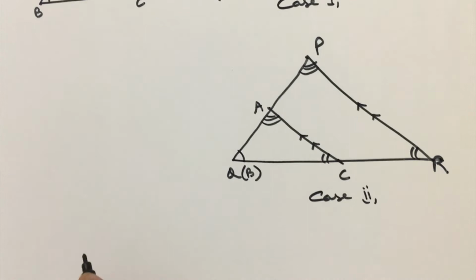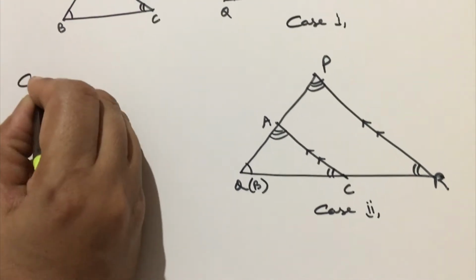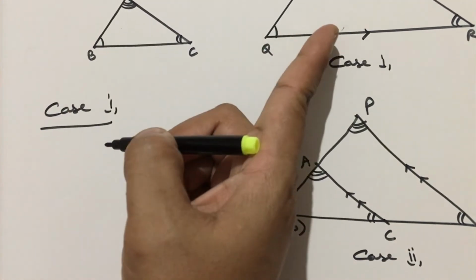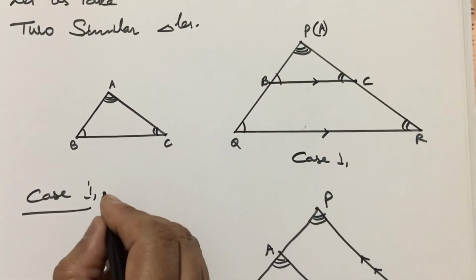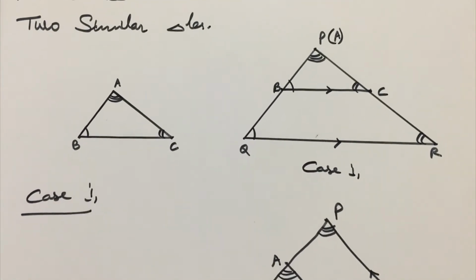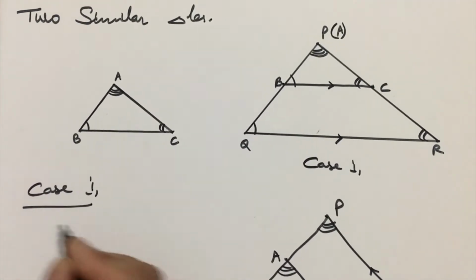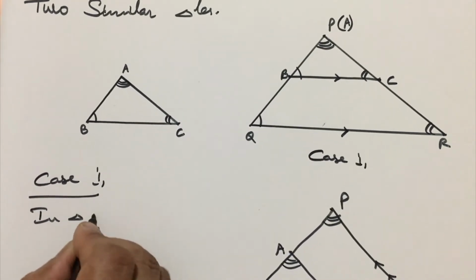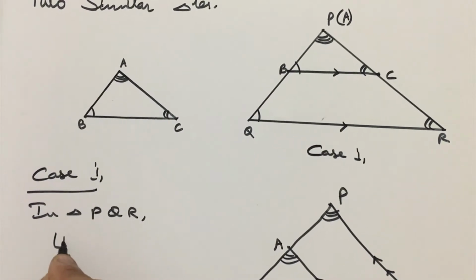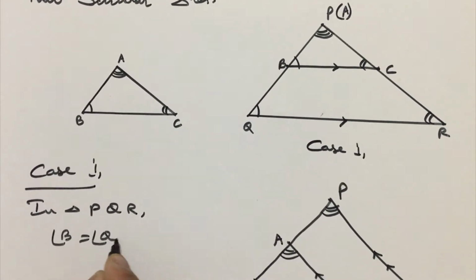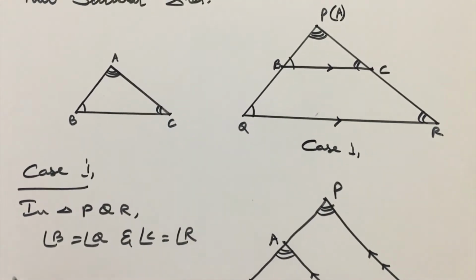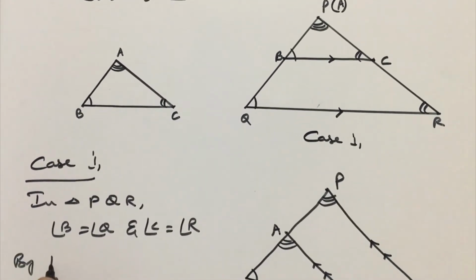Okay, now coming to case 1. This is the figure for case 1. In triangle PQR, this angle B is equal to angle Q and angle C is equal to angle R, right? So by the BPT theorem, what can we say?